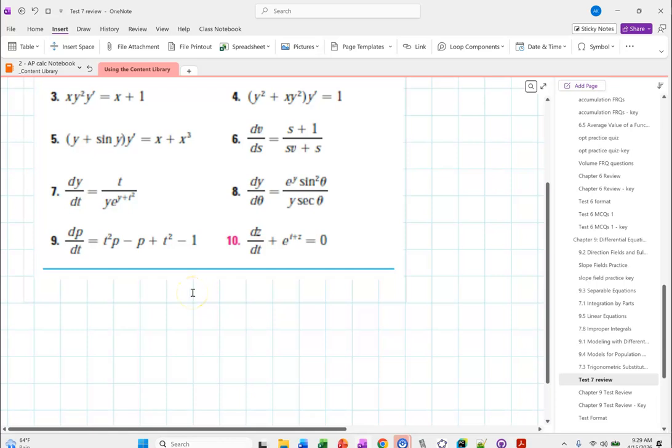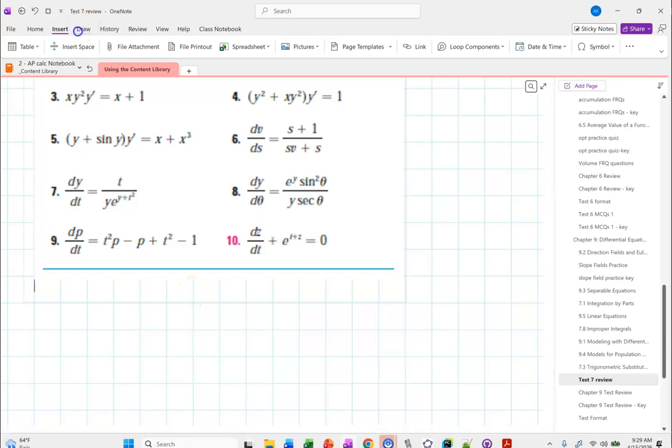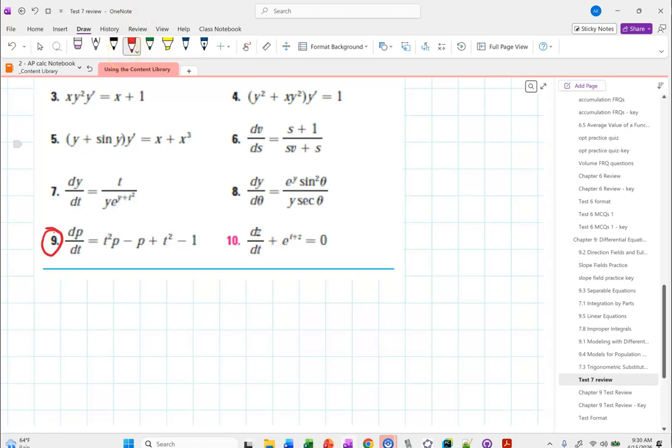So in 9.3, this is the separable differential equations section. The idea here is that we want to get the P and the dP on one side and the T's and dt on the other side, right? As this is currently written, the right-hand side is our problem.